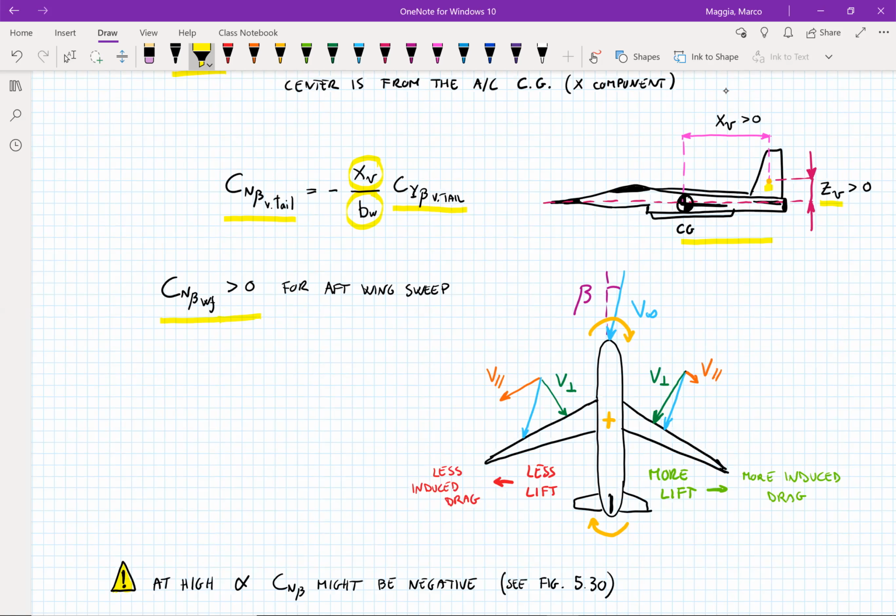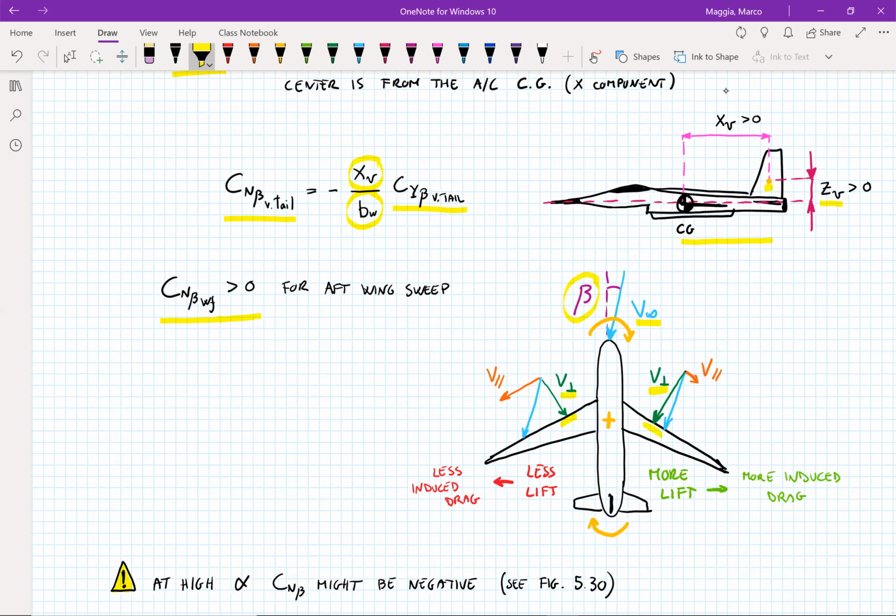If we had a relative wind velocity v infinity with a certain angle, so in this case a positive side slip angle, then there's more normal component of this relative velocity hitting the right wing with respect to the left wing. You see that this v perpendicular for the right wing is larger than the v perpendicular for the left wing.